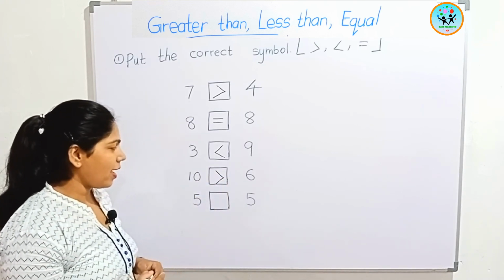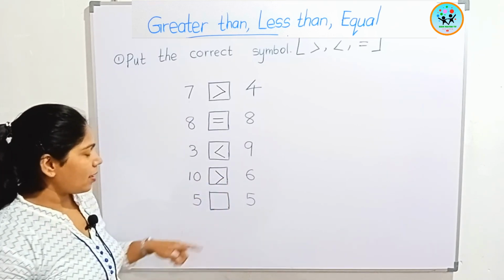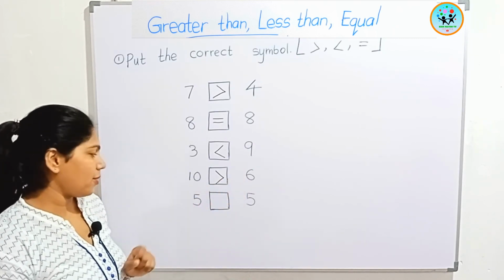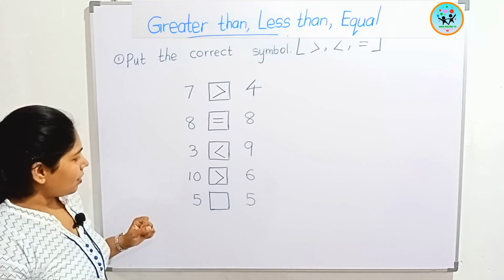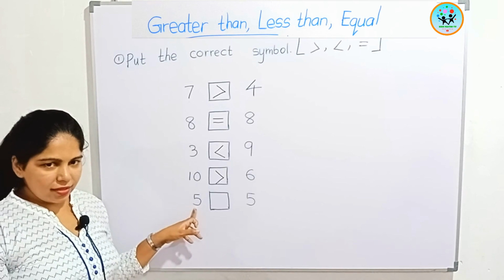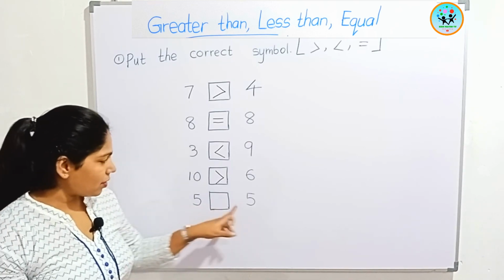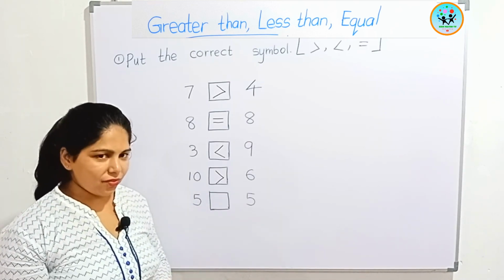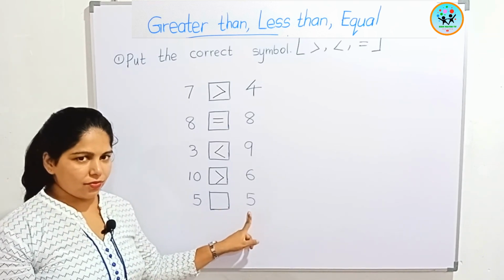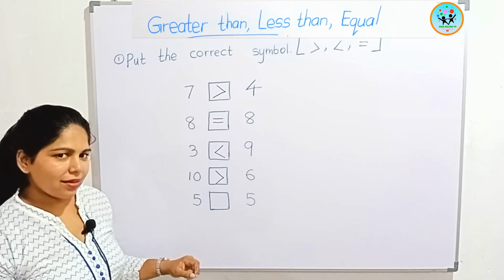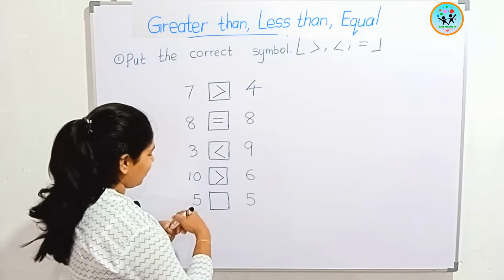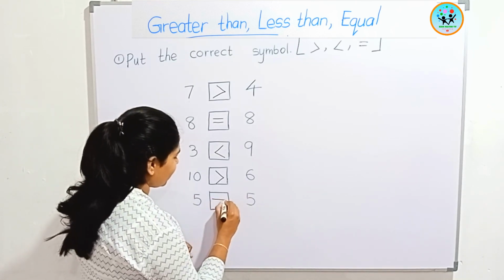On the other hand, we can say number 6 is less than number 10. Look at the last one. What is the number? Yes, number 5. Here, 5 and 5. Are they equal? Yes, they are equal. The symbol is this.